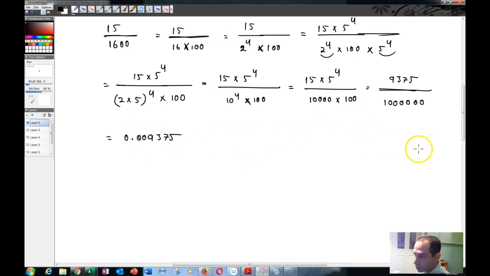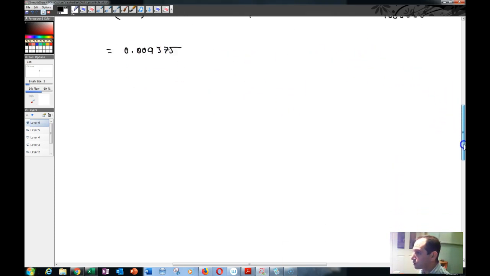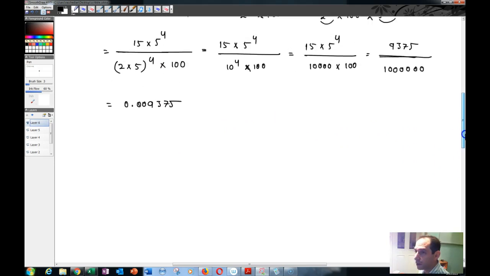Or we could have a couple more examples here. For example, 29 by 343. The first thing that you want to do is basically see what sort of factors you have in the denominator.